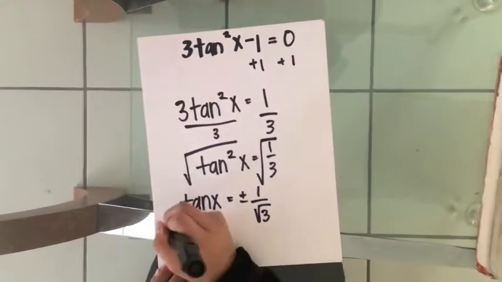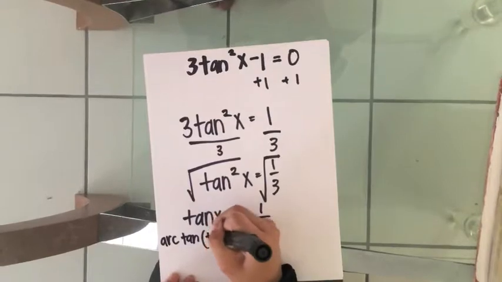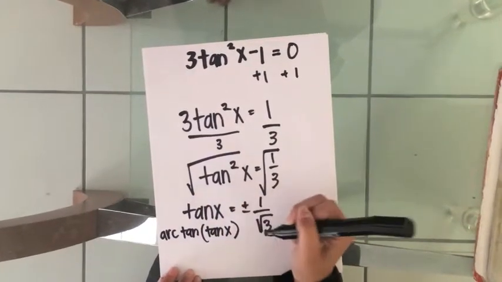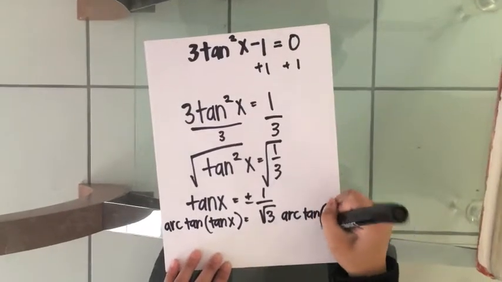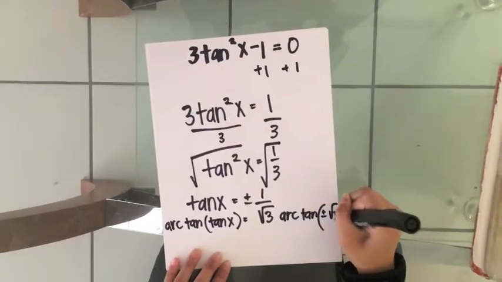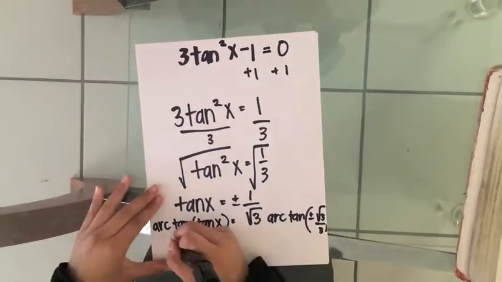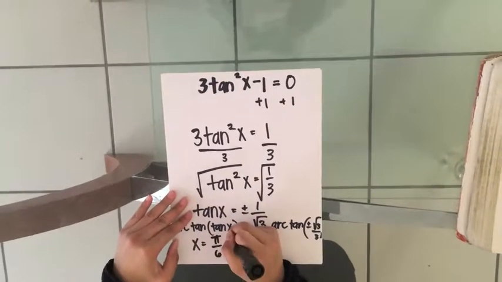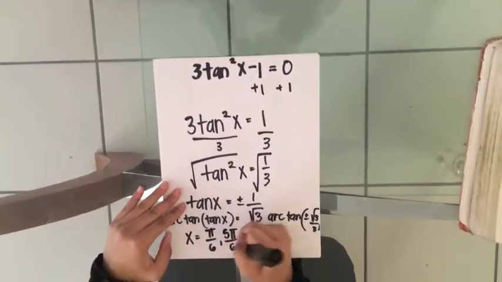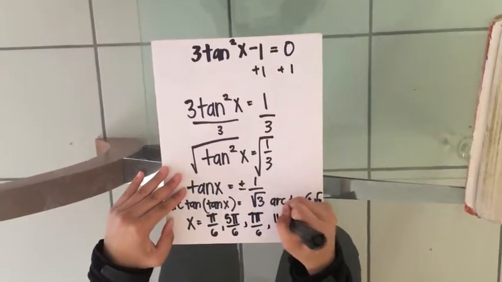Now we can take the arctan of both sides. Okay, and then you get x is equal to pi over 6, 5 pi over 6, 7 pi over 6, and 11 pi over 6.